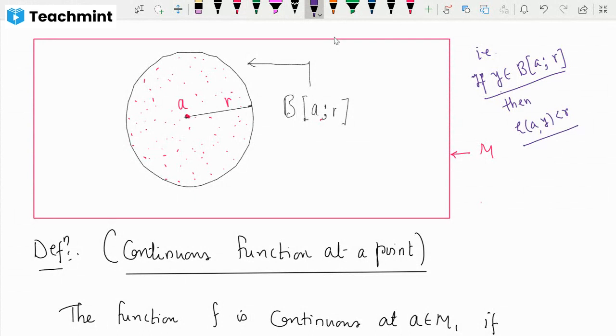This is the condition for which points will be in this open ball: those whose distance from a is strictly less than r. All these points will be elements of this set, and it is open because the inequality is strict, so boundary points are not there. If a point B is on the boundary, then the distance between a and B is exactly r, so rho(a, B) equals r. Those points are not included. It contains only those points whose distance is strictly less than r.